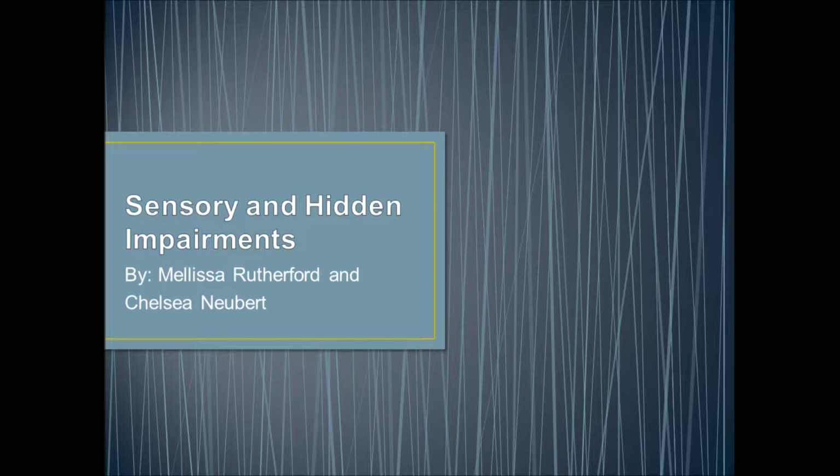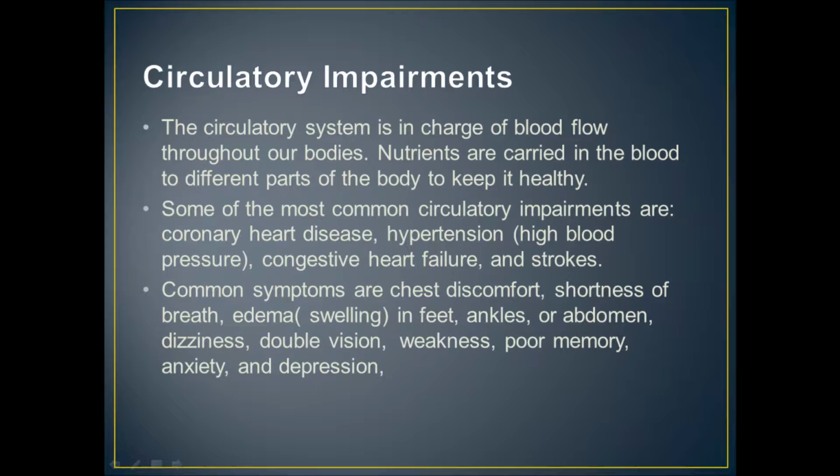So to start off, we are going to talk about the circulatory impairments. The circulatory system is in charge of the blood flowing throughout our bodies. The nutrients are carried in the blood to different parts of the body to keep it healthy. Some of the most common circulatory impairments are coronary heart disease, hypertension, which is high blood pressure, congestive heart failure, and strokes.